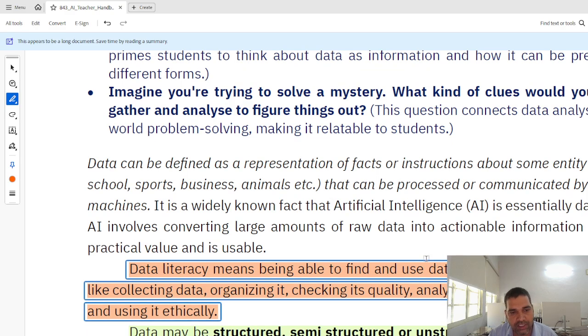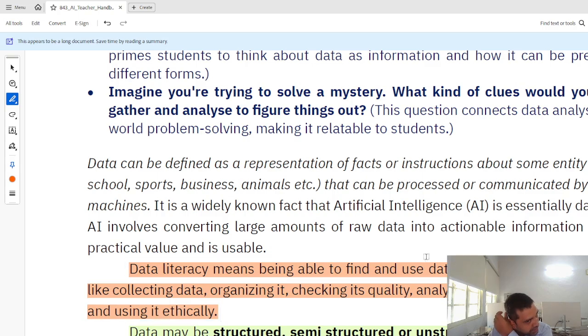Now, what does data mean? For a computer, data is a representation of facts or instructions about some entity. The entity can be a student, meaning facts or information about a student, a school, a sport, or a school's business.